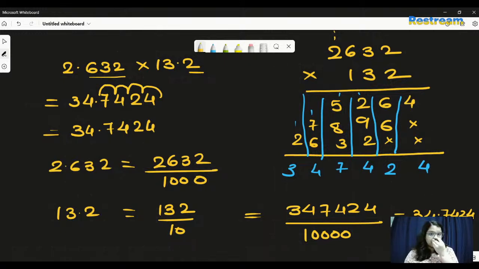Now, why am I emphasizing so much on these number calculations? If you are in a stream like IB, there is one paper in which you are not allowed to use a calculator. So these kinds of calculations are going to help you when you are not allowed to use a calculator.